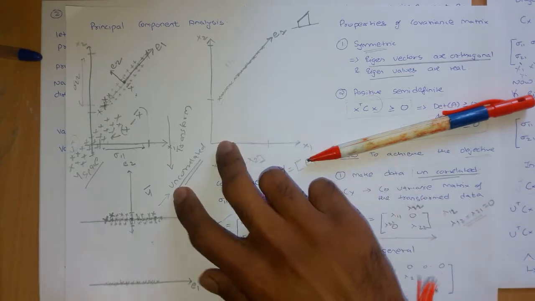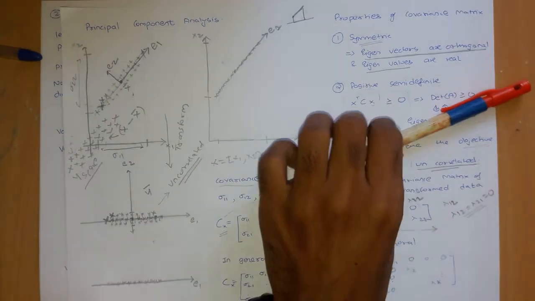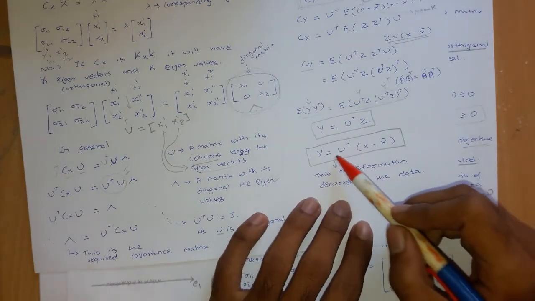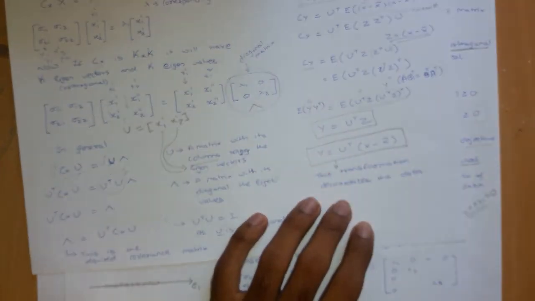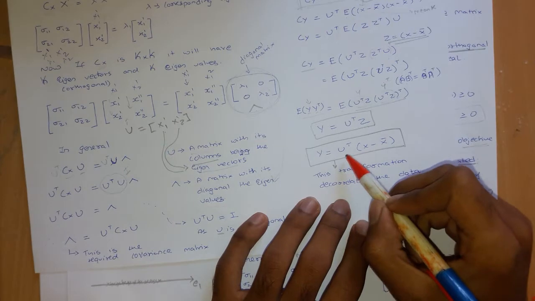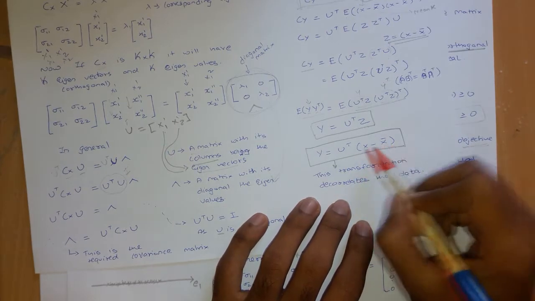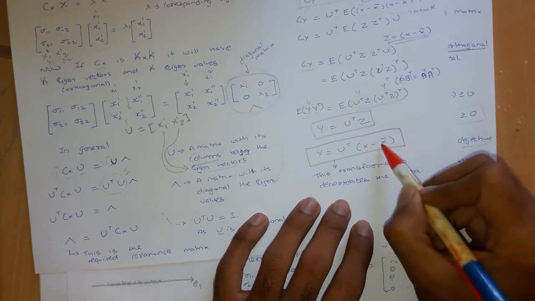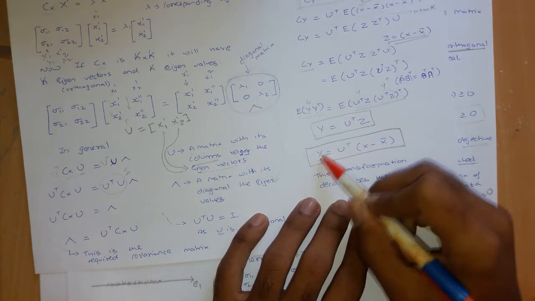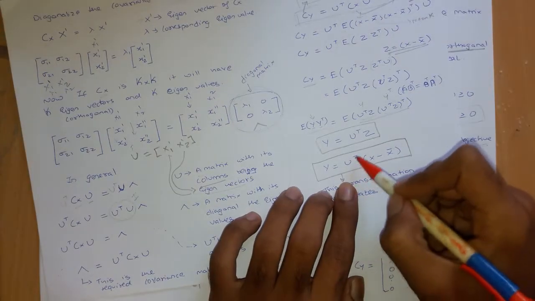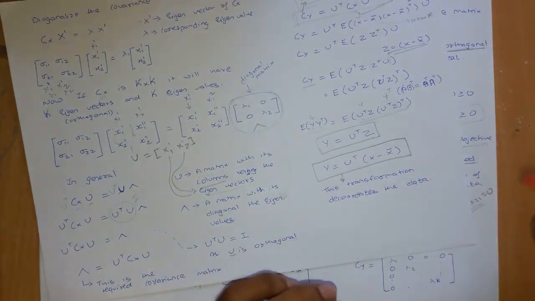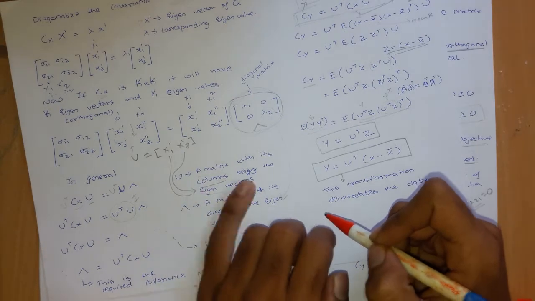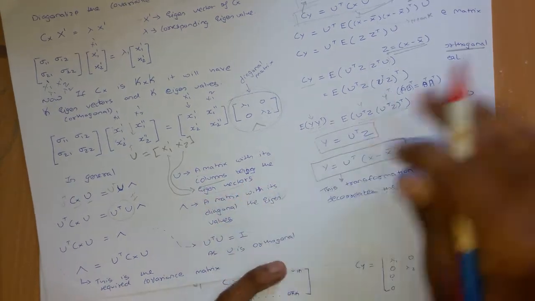So we proved what the transformation is. We saw that if we multiply the mean-subtracted x, that is you subtract the mean from x, so you will get y, and you multiply it with U transpose, where U is a matrix with its columns being the eigenvectors.